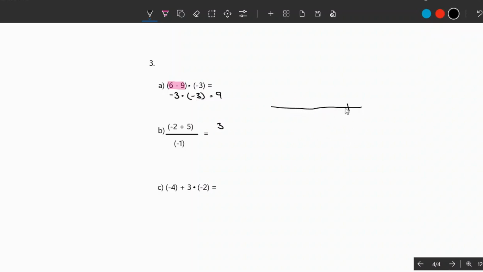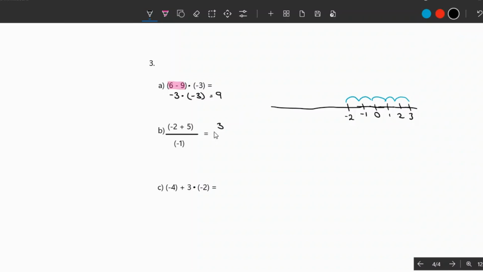And then we are standing on negative 2 here. And then we have negative 1, 0, 1, 2, 3. And we move 5 steps to the positive side. So 1, 2, 3, 4, 5. That will give us 3.